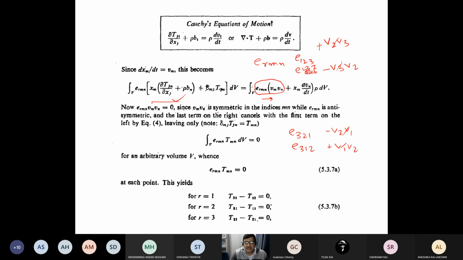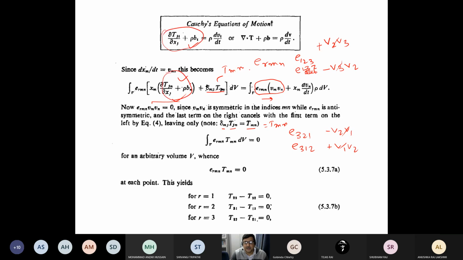Okay. Now, if you take δ_mj τ_jn, that will be τ_mn. So this term will be τ_mn. Now this is nothing but the linear momentum equation.